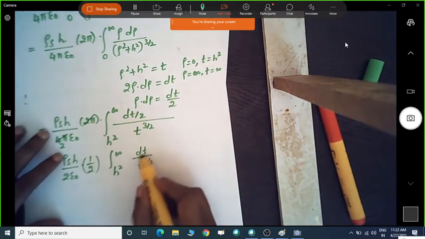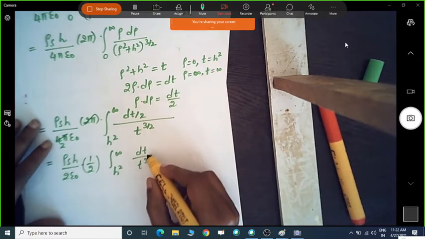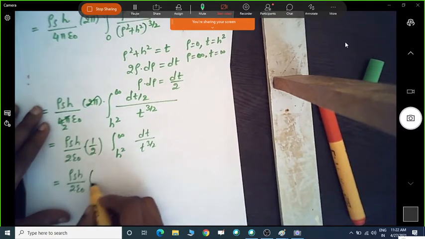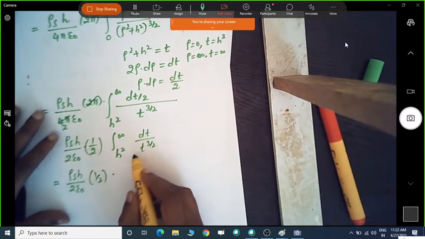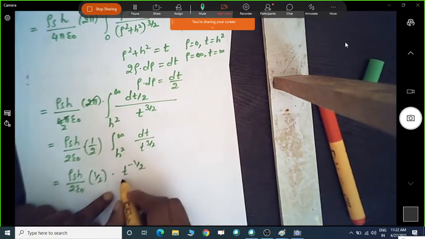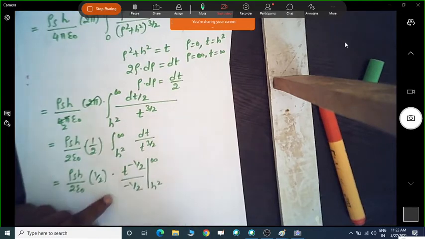We can integrate this by taking it upside, so it becomes t power minus 3 by 2. Integration of t power minus 3 by 2 is nothing but t power minus half divided by minus half, and this varies from h square to infinity.